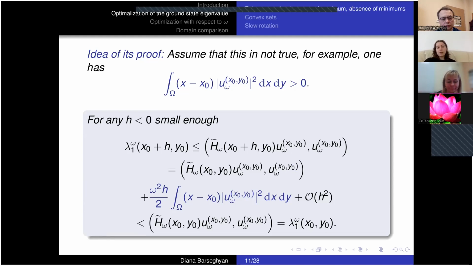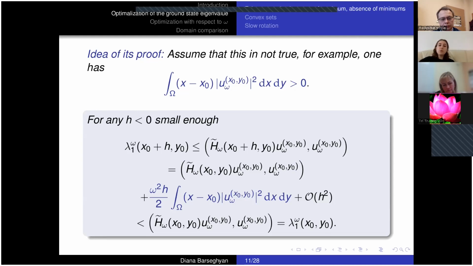And then we calculate this Hamiltonian as the quadratic form corresponding to the unperturbed Hamiltonian, plus something. And this something, written in blue, has the order h, only h has order 1, and the last part has order 2.